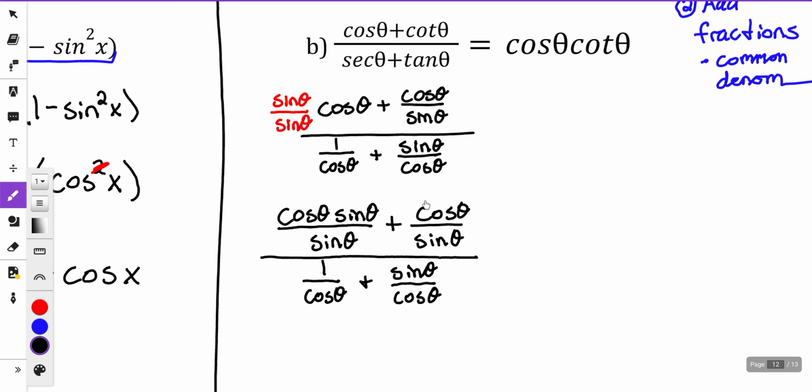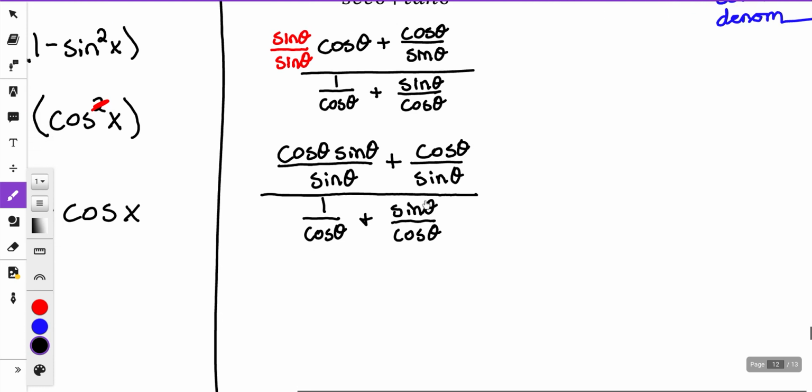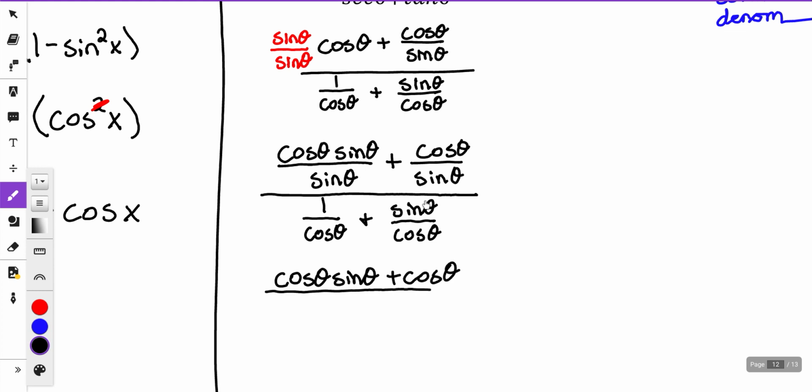Common denominator achieved. Now, add your fractions. The numerator will become cos theta sine theta plus cos theta over top of sine theta. The denominator is going to be 1 plus sine theta over cos theta.